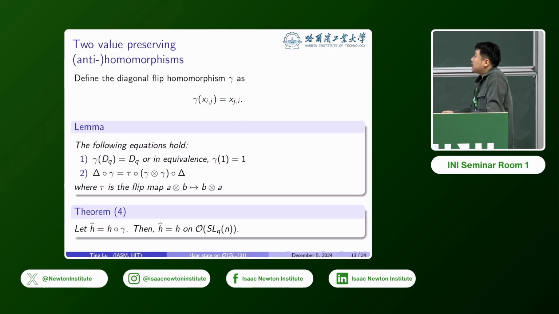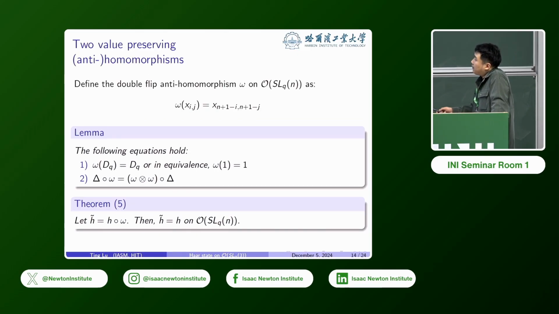Other than the modular automorphism, I'll also introduce two important value-preserving homomorphisms. The first one is called the diagonal flip. You just flip these indices, and you can show it satisfies exactly the same property as the antipode, so it preserves the Haar state value.